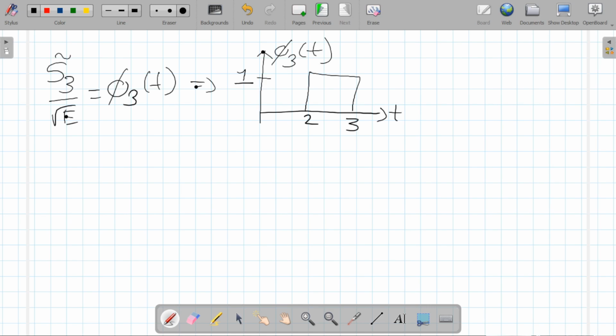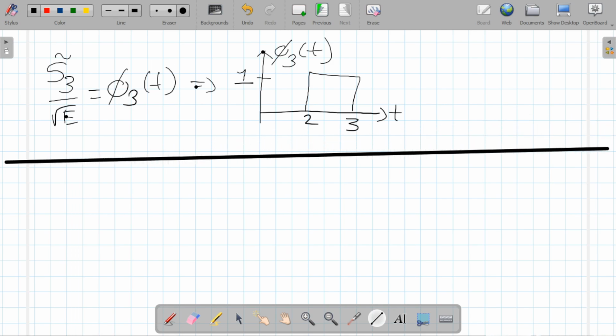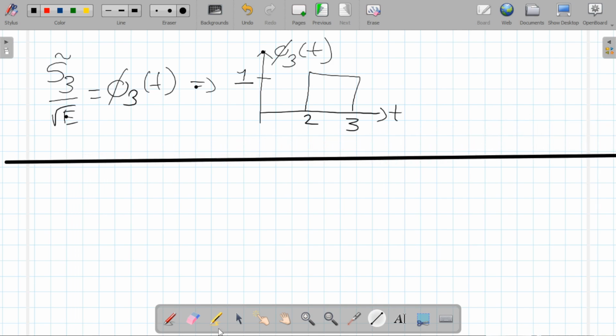So finally we conclude the values of phi 1 of t, phi 2 of t and phi 3 of t. Here we will represent all the basis functions. We get phi 1 of t from 0 to 1 on the time axis.